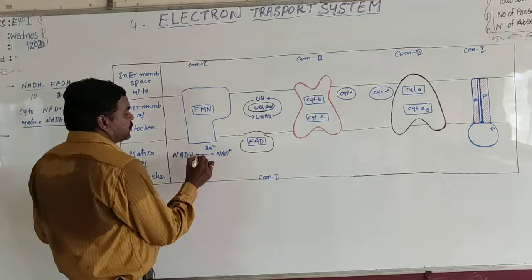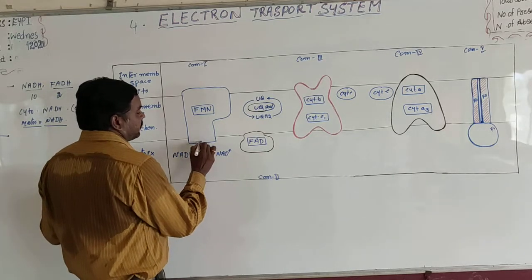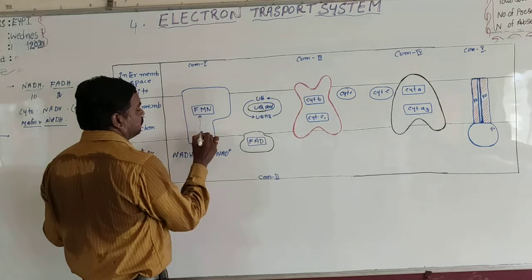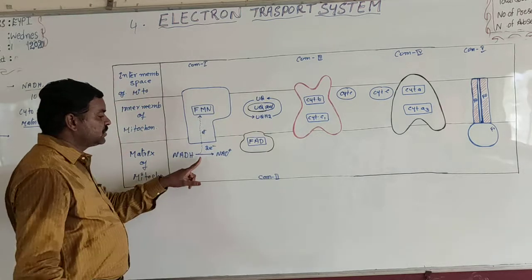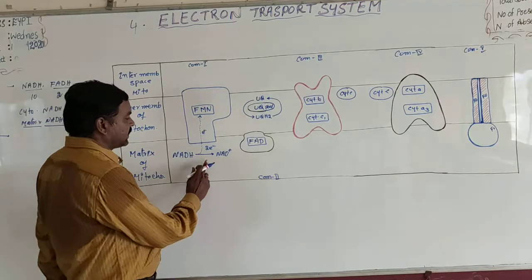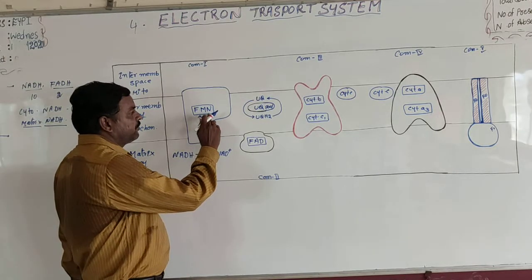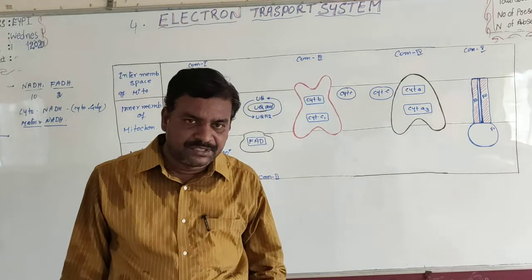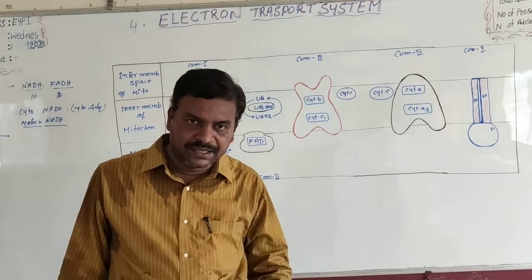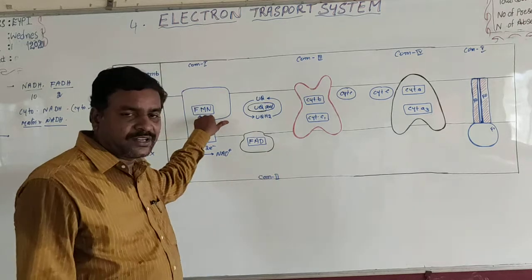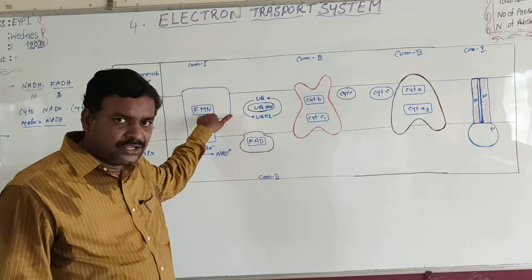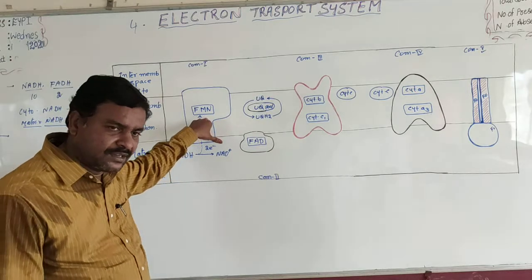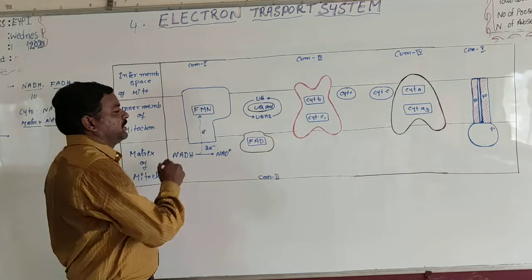Now these 2 electrons are transferred into complex 1, to FMN of complex 1. The electrons of this matrix NADH2 are accepted by the flavin mononucleotide prosthetic group of complex 1.